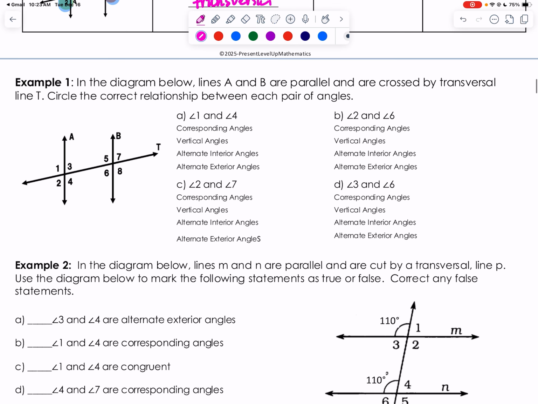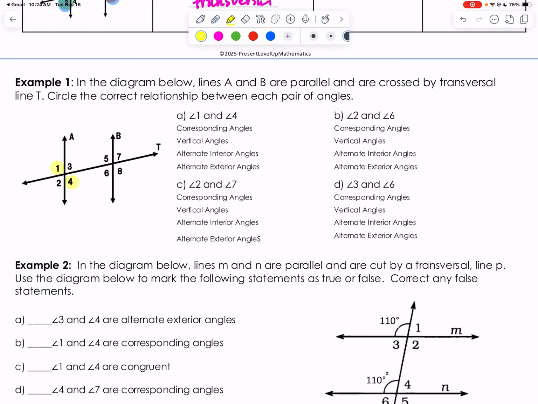In example 1, it says, in the diagram below, lines A and B are parallel and are crossed by transversal line T. Circle the correct relationship between each pair of angles. So, in part A, we're looking at angle 1 and angle 4. And we want to know, are they corresponding?